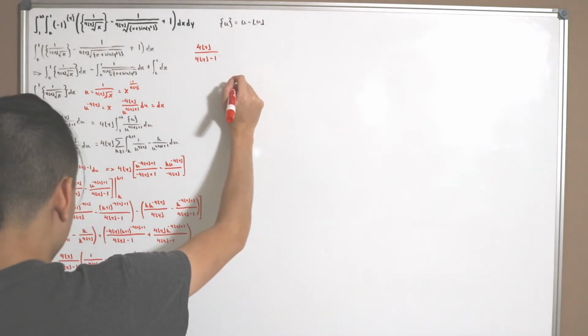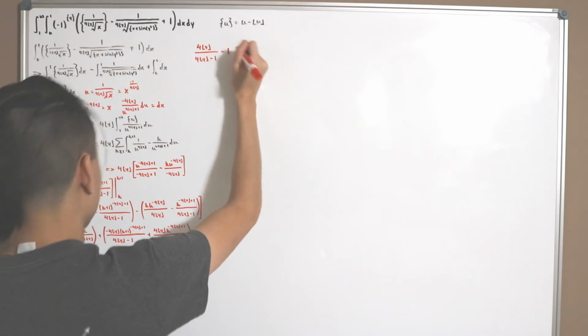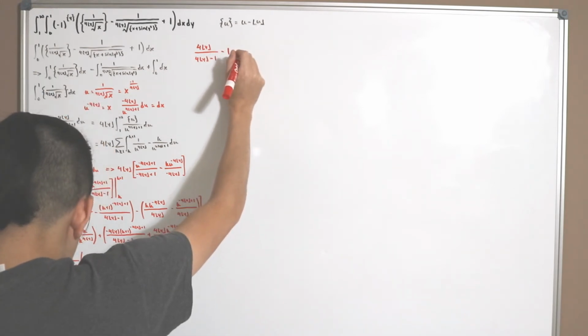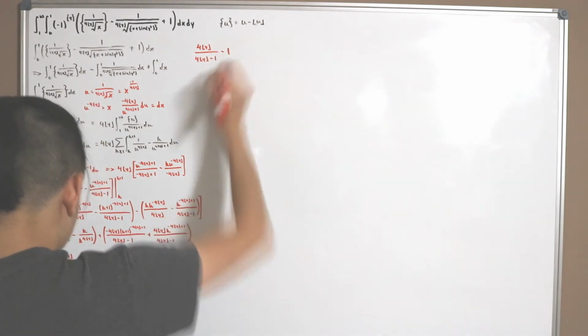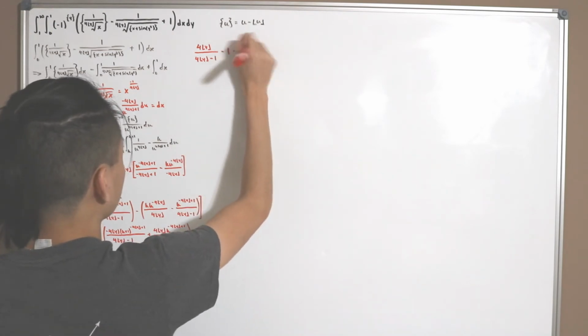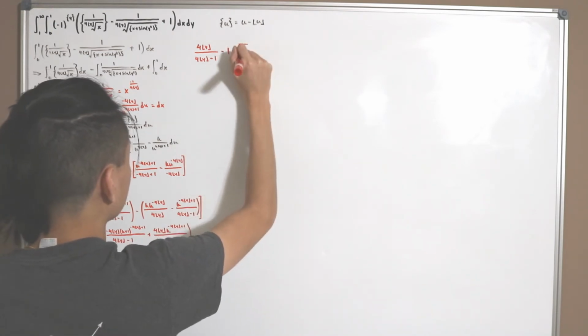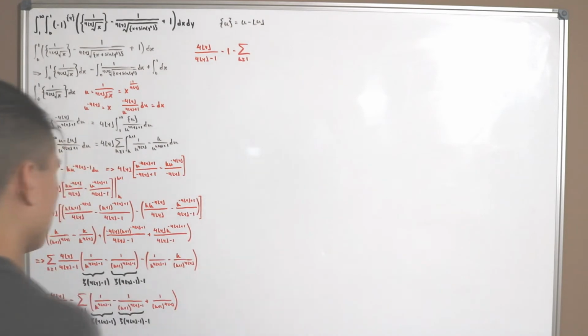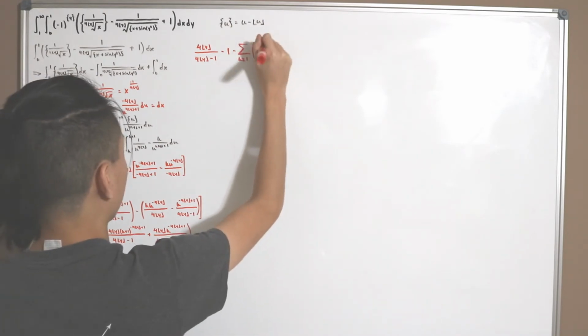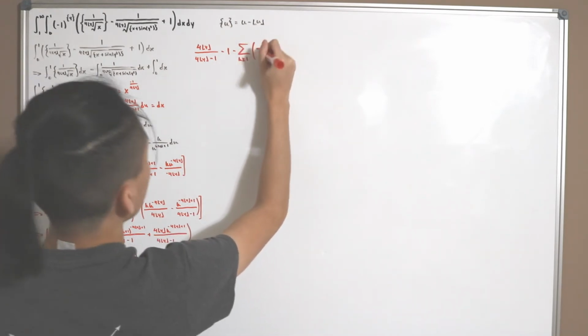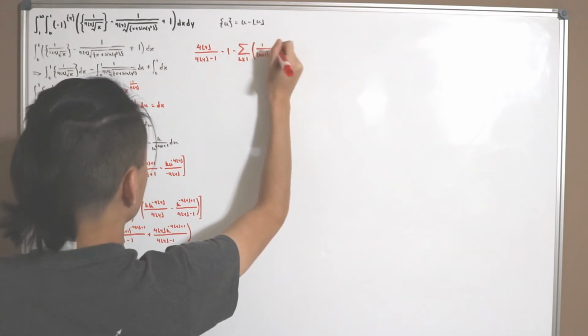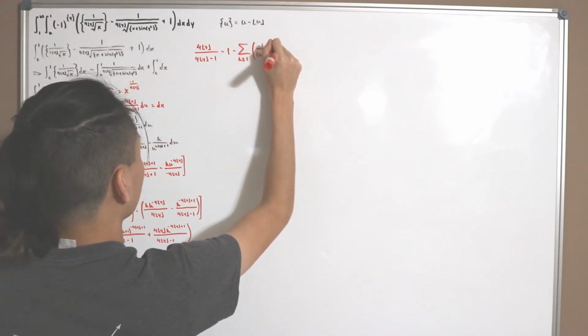Then the negative comes back, so that means this is minus 1. And then subtract that with our summation, the infinite series from k greater than or equal to 1 of 1 divided by k plus 1 to the power 4 floor y.